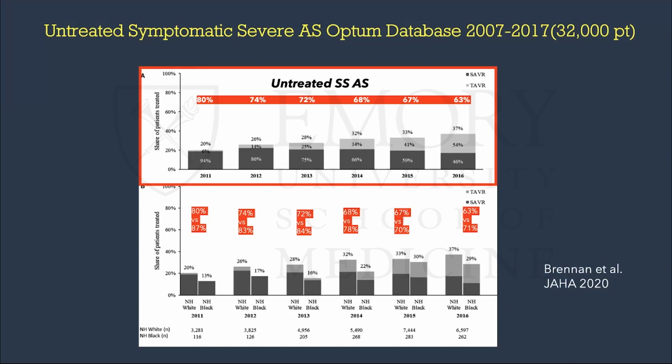And as we see here, over the years the rate has declined, but still so far in 2016, about 63% of patients who have an indication for treatment have not been treated according to this study. And there are also significant racial disparities, where non-Hispanic Black patients are more likely to be untreated than other ethnic groups.